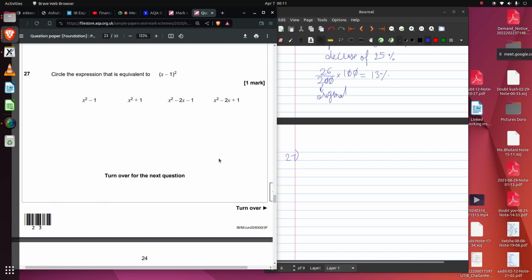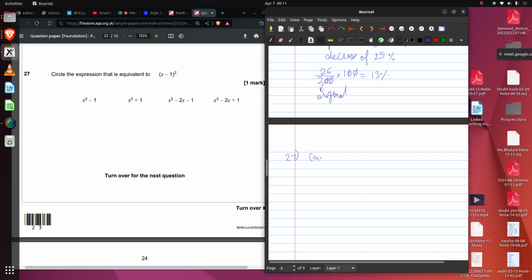Square plus 1. There's a formula you have to remember here. What is that formula? A minus b squared. Okay, this is the formula I have to apply.